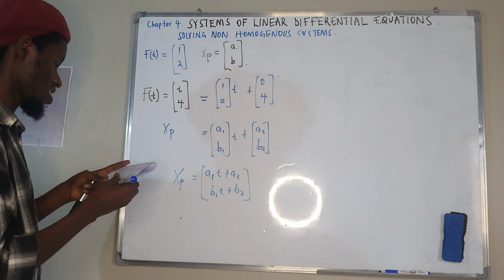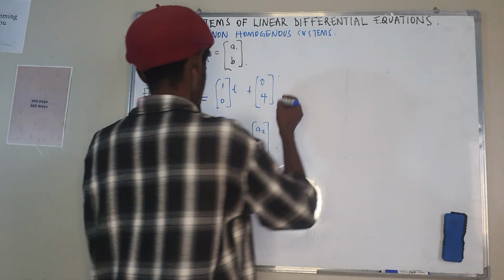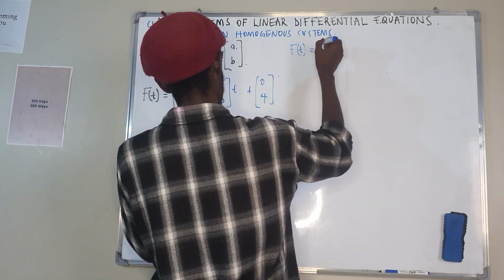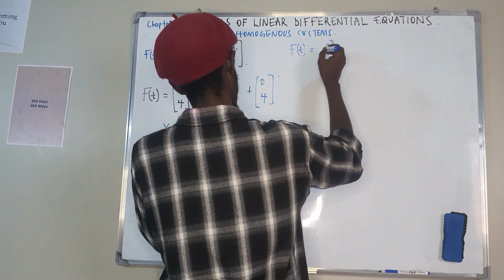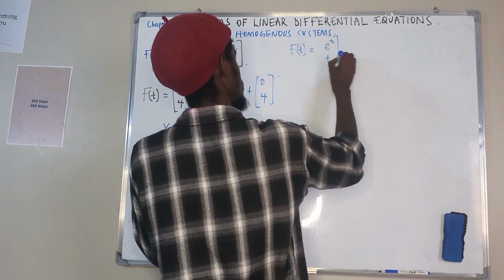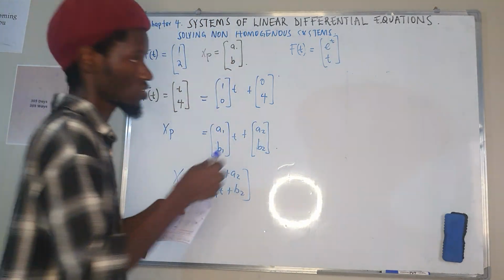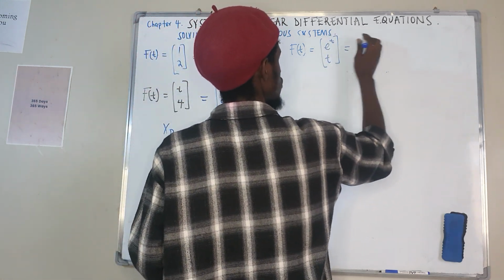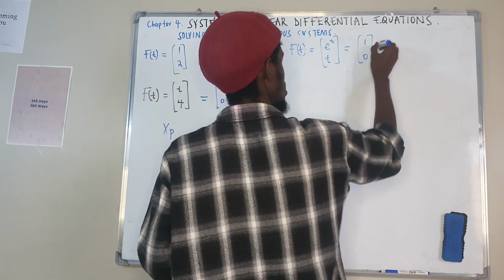Now another example. Take a case where my f of t is e power t here, and then t down here. The first thing you have to do is split that. In terms of e power t, I have 1 here, then a 0, times e power t.